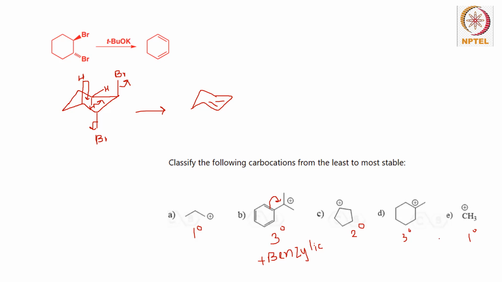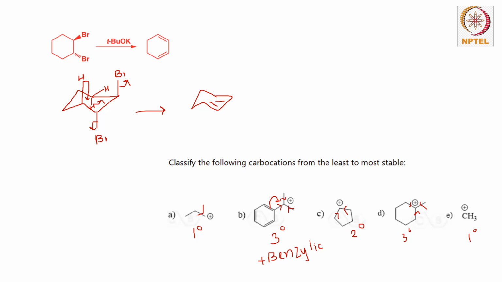Okay, so what will be the order? Here at least it has the hyperconjugation effect of 1 methyl group. This has the effect of 2 carbon atoms. This has the effect of 3 alkyl groups. This has no such effect.